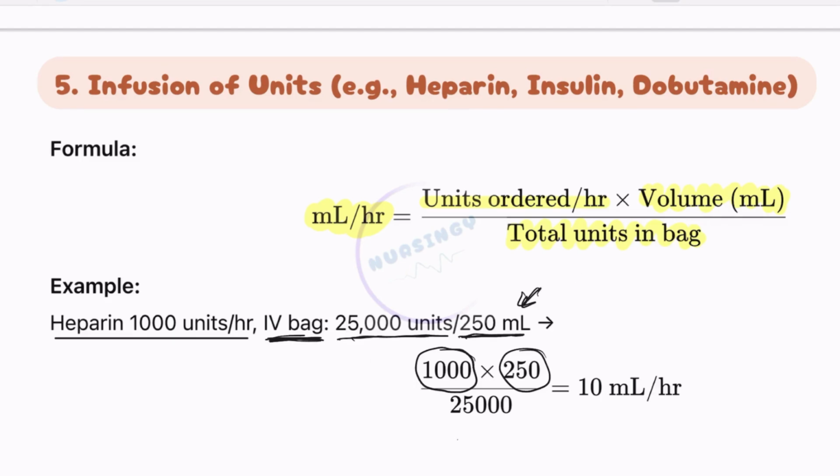When we multiply 1000 by 250 and divide by 25,000, we get 10 ml per hour. When we administer 10 ml per hour to the patient, they will get 1000 units per hour. Okay, let's move to the next one.